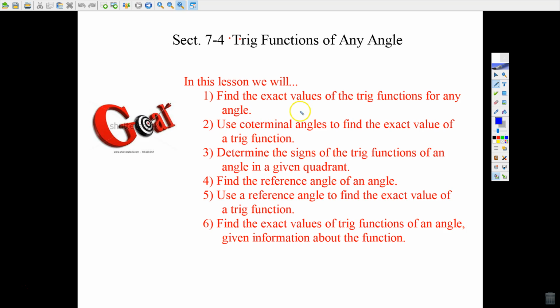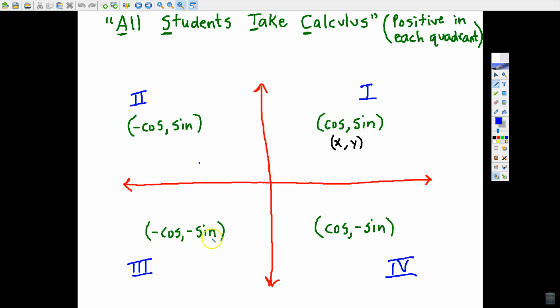And so the way we do that is to take angle measurements that are not 30, 45, 60 and use what are known as coterminal angles and reference angles to help us convert them into those more familiar trig values, the 30, the 45, and the 60. So just by way of introduction, I just wanted you to see where we're going. And now let's take a look at exactly what this lesson is going to be all about.